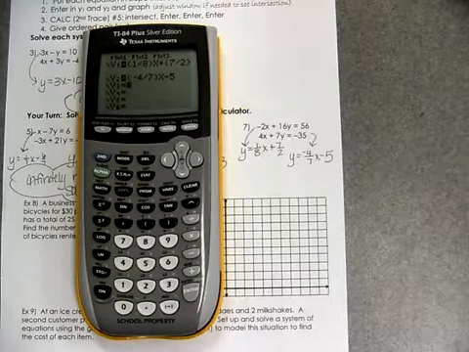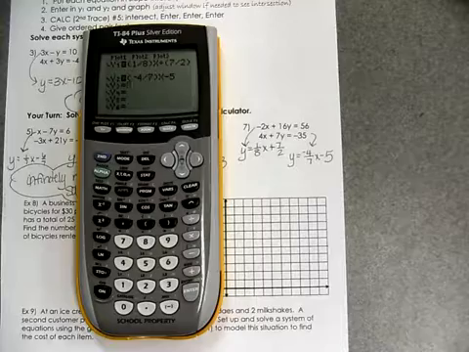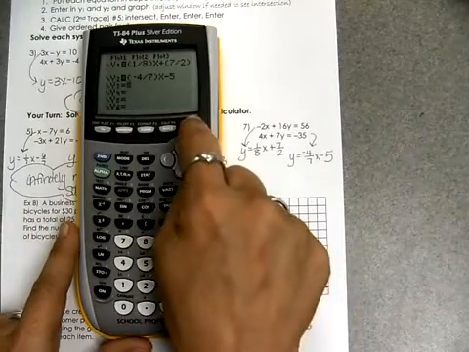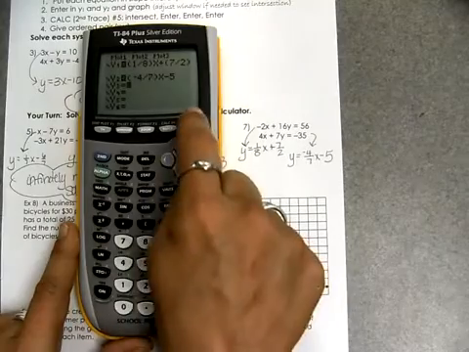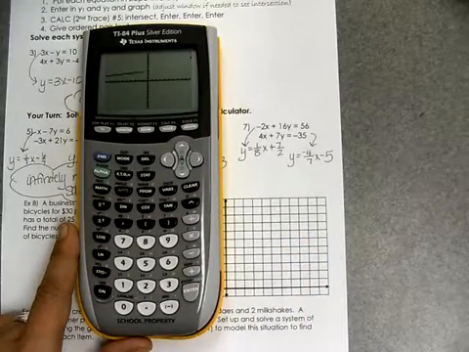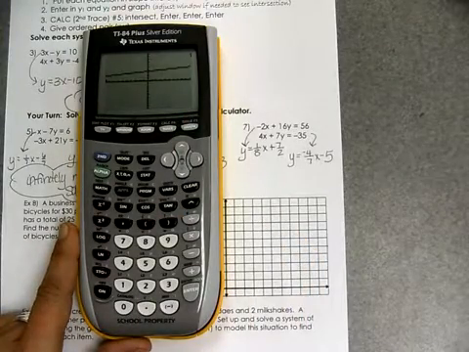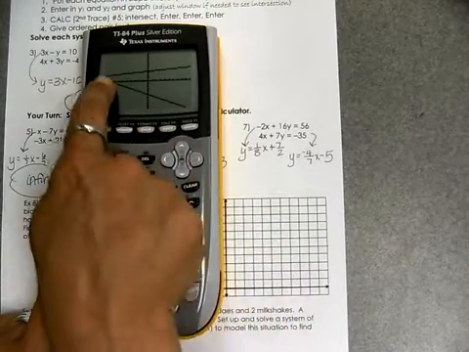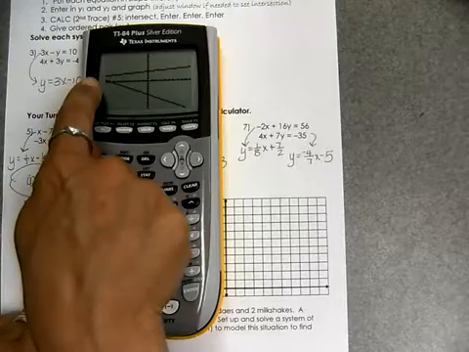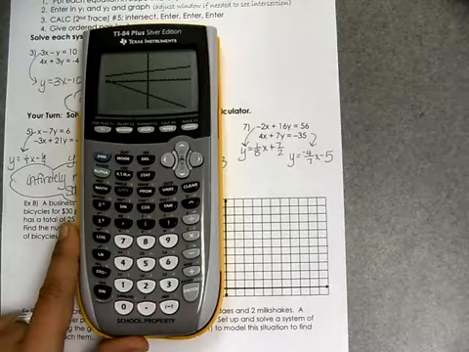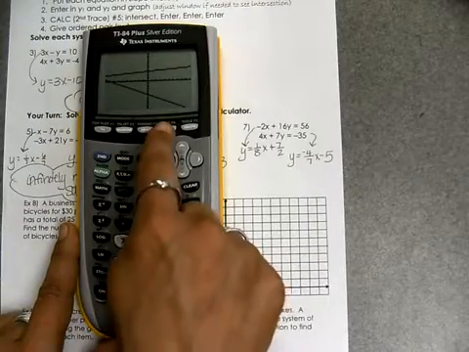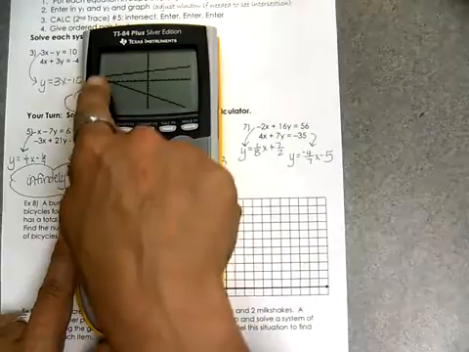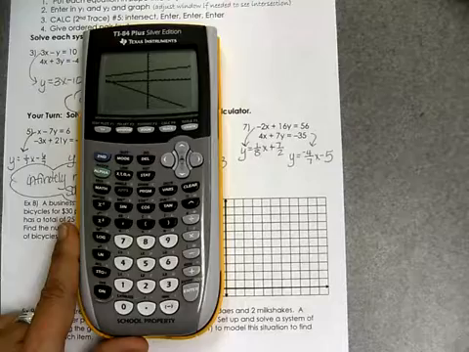So we'd want to put both equations in, and then we can graph to see what that looks like. And when we graph, we see that the point of intersection isn't on the screen. Let's try to see if we're able to find the solution, even if we don't see it on the screen.